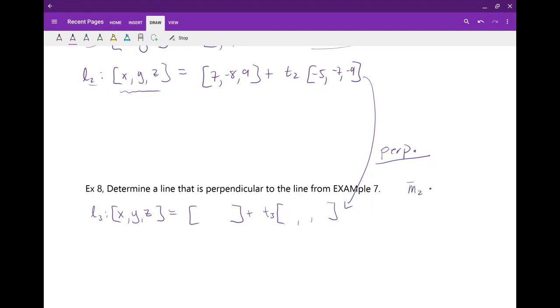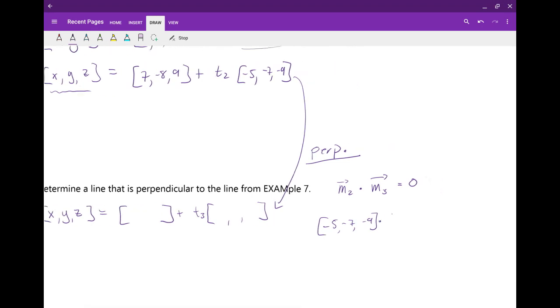I need to make sure I create a new vector that's called M3, and when I dot it, I get a 0, right? So I'm going to write M2 down, -5, -7, -9. I'm going to dot with it a new vector.